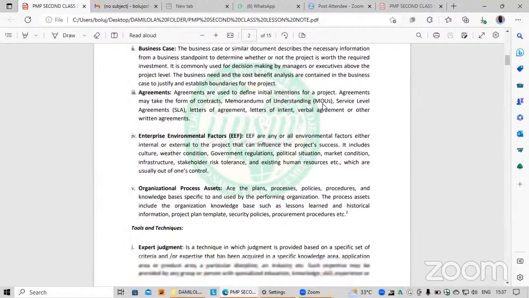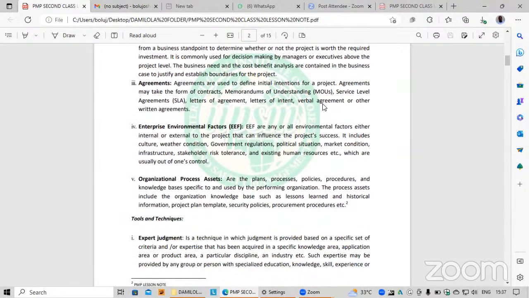By the time these inputs are processed by certain tools and techniques, one of which is expert judgment, a good project charter can be developed.